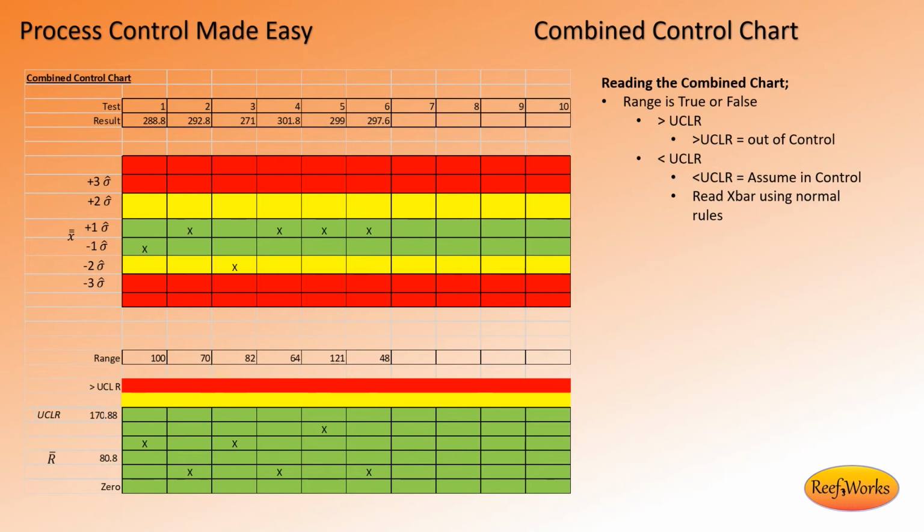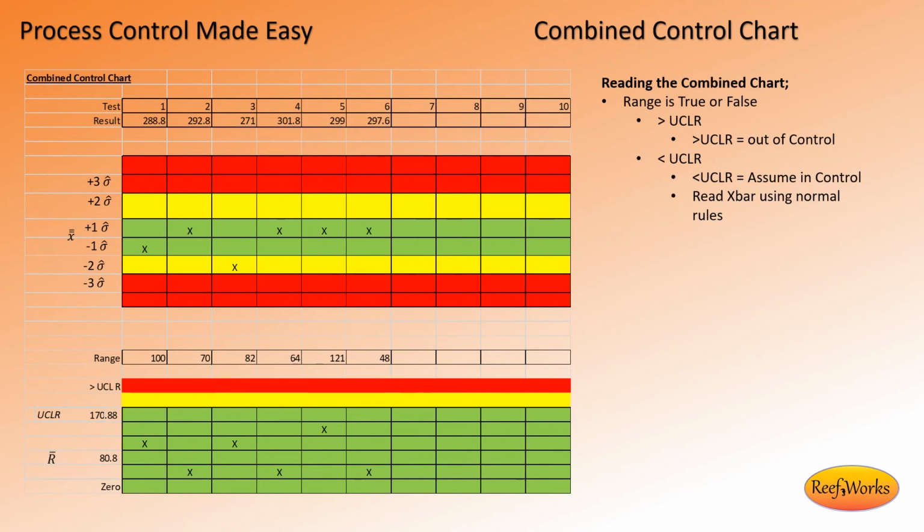So when you read the range, if it's above the upper control limit, you've got a problem, and you need to react to it. If it's below the upper control limit, you basically just assume everything is in control and it's normal, plot the X bar, and read the X bar. So in this case, in test 1, we have a range of 100, which is slightly above the 80.8, but it is definitely below the upper control limit.